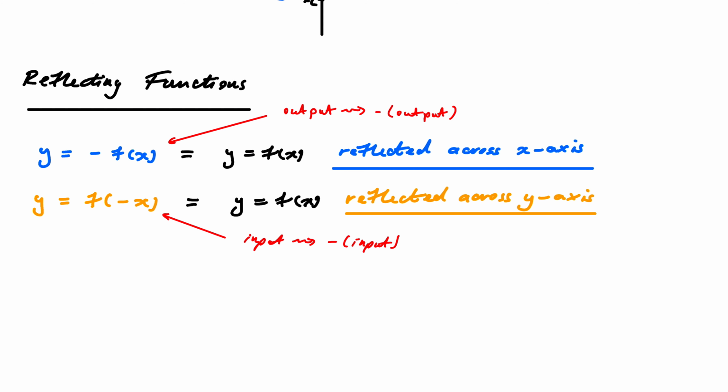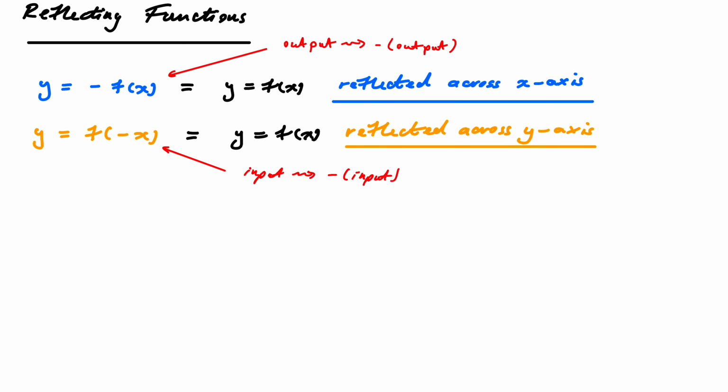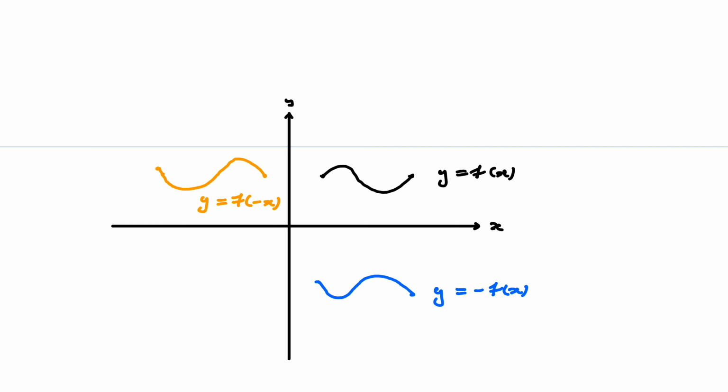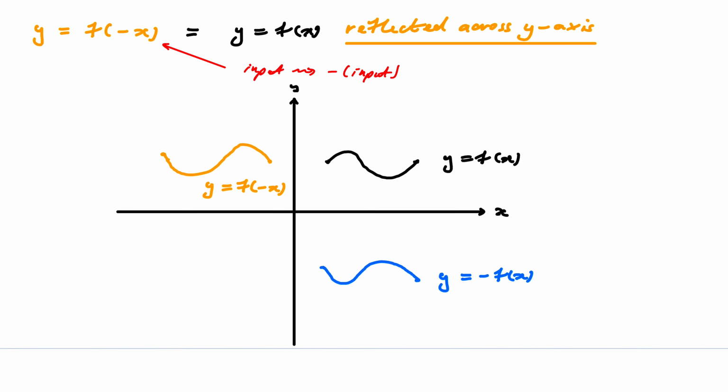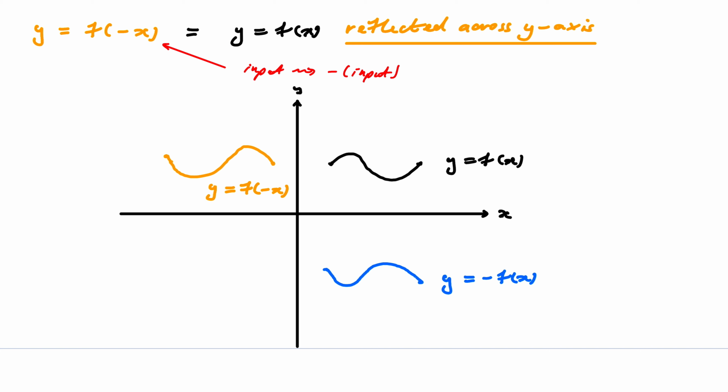Okay, nice. So this reflection in the x and y axis corresponds to something very, very simple when it comes to the actual formulas for the functions. Namely, you're replacing the output by minus the output for a reflection in the x-axis, and you're replacing the input with minus the input for a reflection in the y-axis.